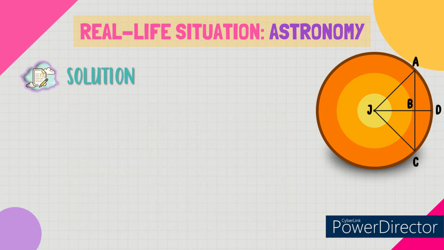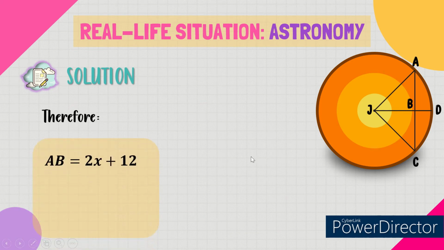Now that we got the value of x, we will substitute it into this expression. So it became 2 times 5 plus 12. 2 times 5 is 10, so we bring down the 12, and 10 plus 12 is 22.